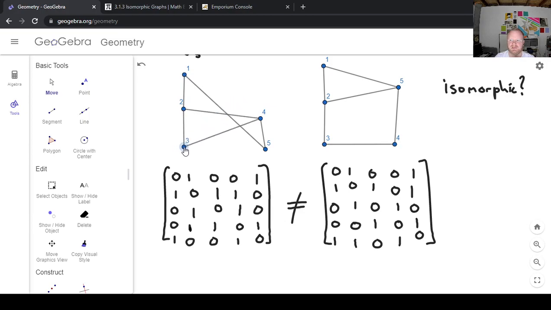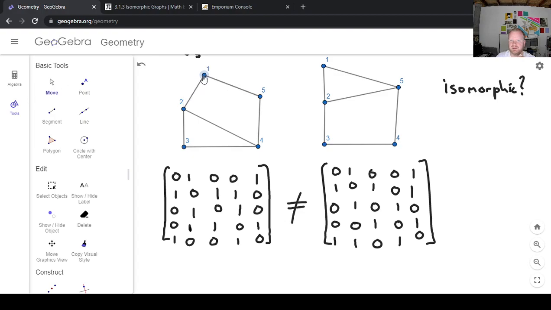So 3 goes down here, 5 goes up here, and 4 goes down here. So we can see that we've got something slightly off here. So these don't appear to be the same shape of graph with this current labeling, 1, 2, 3, 4, 5. But we can try to make this shape look like this other shape.